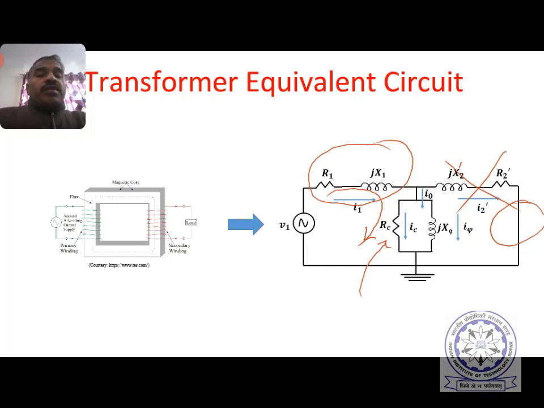But what are the complete losses that the transformer will face under no load? Now you have to consider both electrical and magnetic systems. If you consider the electrical system, there is a wire, the primary winding. The winding is isolated from the core with an insulation, a dielectric material.